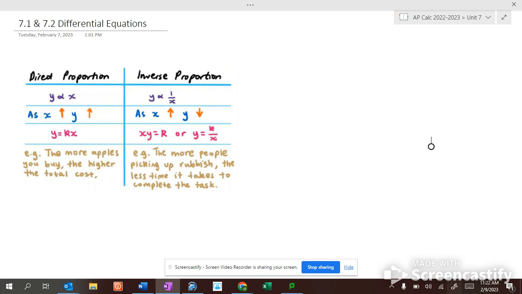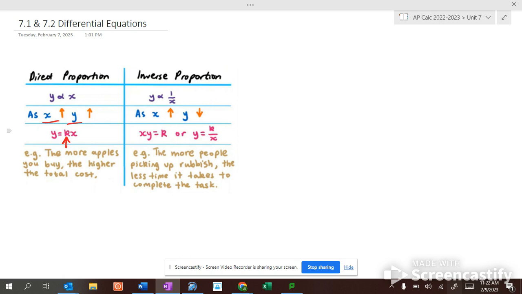So you need to know the difference between direct relations and inverse relations. If two things are related directly, as x increases, y will also increase, and k is their constant of variation or constant of proportion.